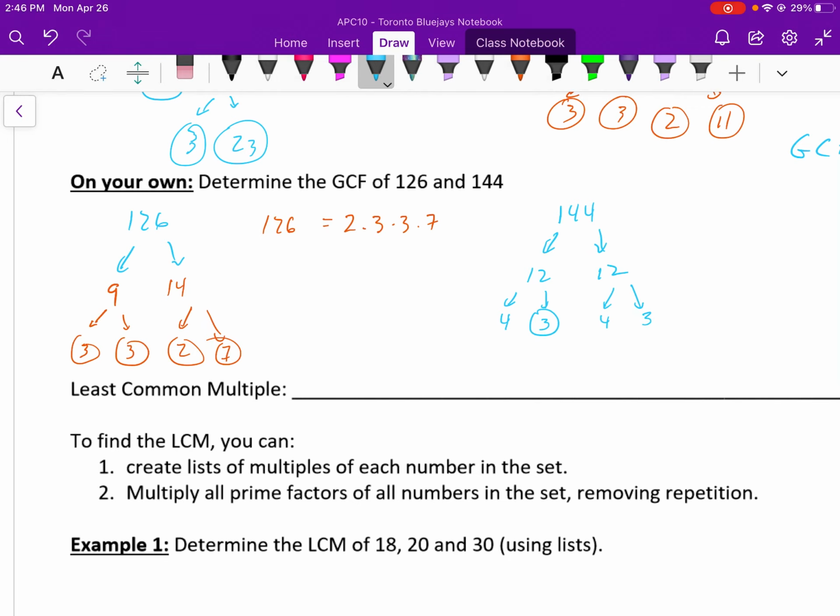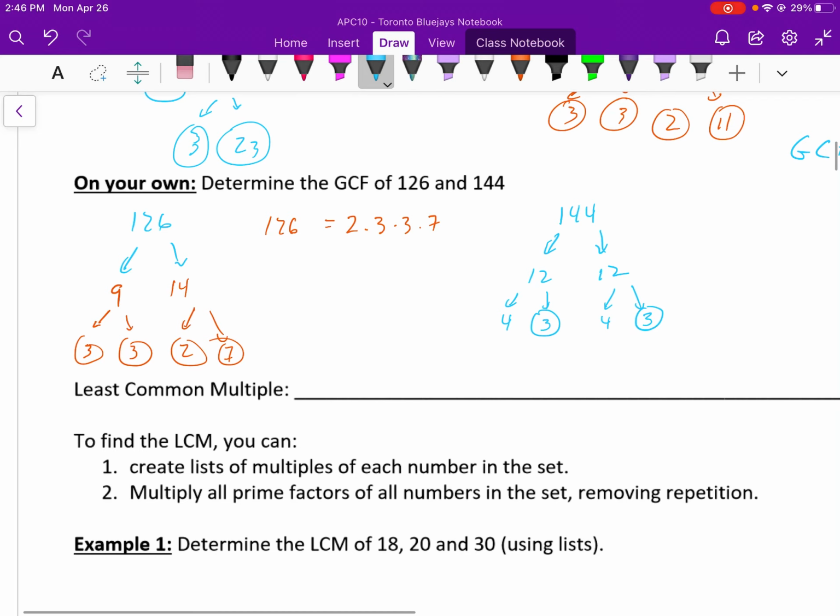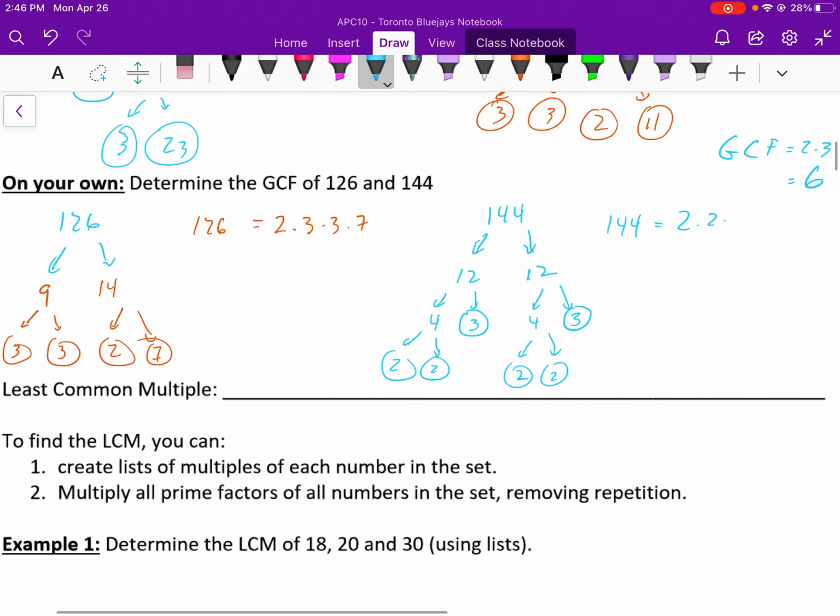Now notice that only 3 is a prime number and 4 is really 2 times 2. And there I can end the branch. So 144 is equal to 2 times 2 times 2 times 2 times 3 times 3, or 144 is probably better written as 2 to the power 4 times 3 squared.